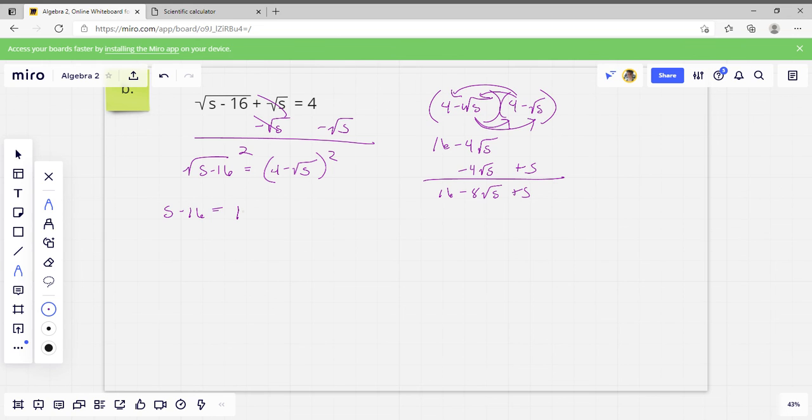Okay, write that over here. Now I can get rid of this s right here, and those are going to cancel each other out on both sides. And I can get rid of this 16, and those are going to cancel each other out on both sides. And I'm going to get 0 equals negative 8 times the square root of s.